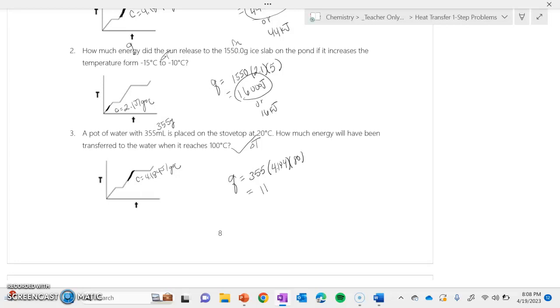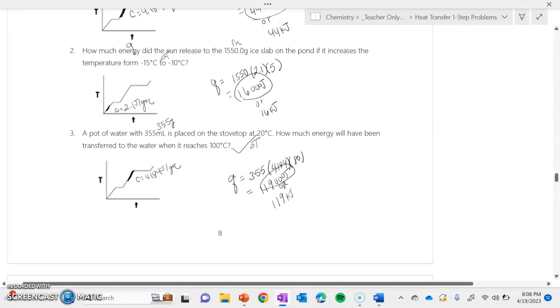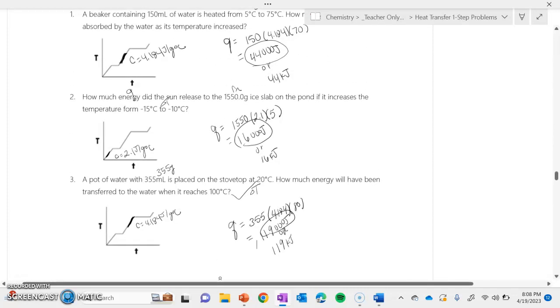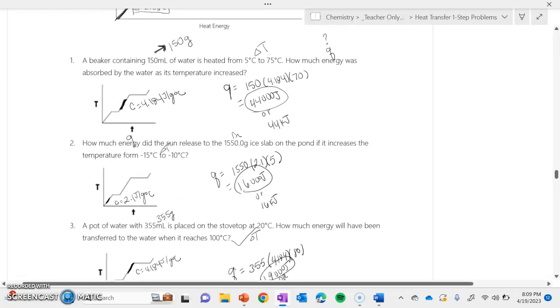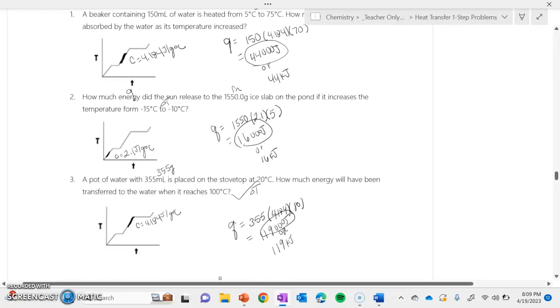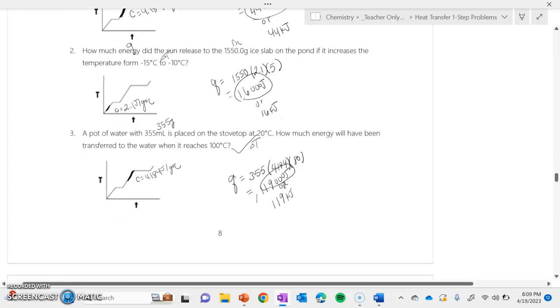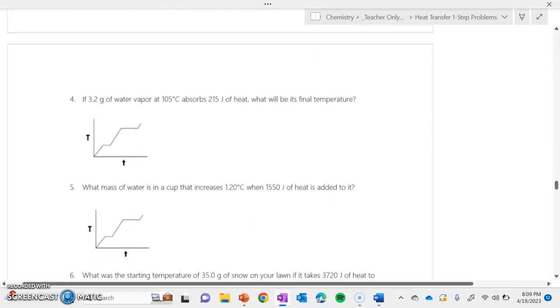Multiply them together and we get 119,000 joules, or 119 kilojoules. Again, whichever one you prefer. And the reason that I'm getting numbers with 000 after them instead of other numbers is because I'm rounding for significant figures, but your numbers should round to the same number if you were to round them.